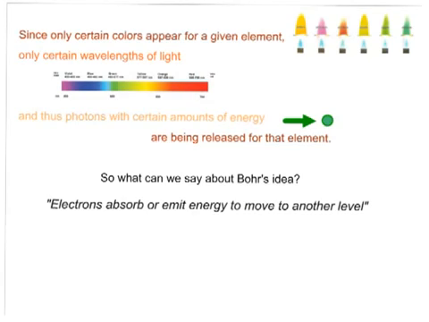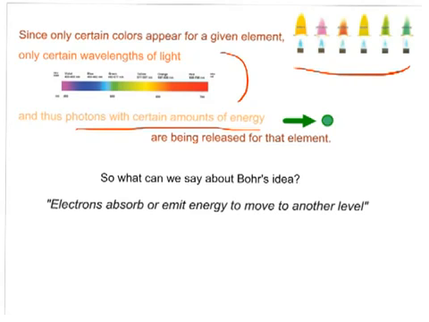So, since only certain colors appear for a given element, for example, lithium red or sodium yellow, here's an example of a few right here, each atom has its own color that it will emit. And we also know certain wavelengths of light are associated with those colors, and photons associated with certain amounts of energy being released for that element.